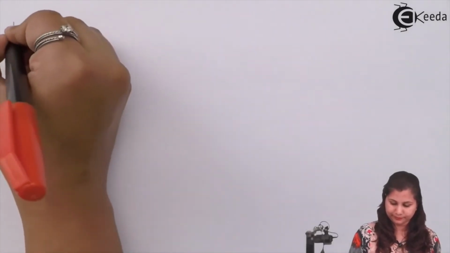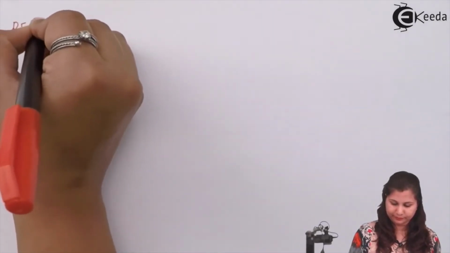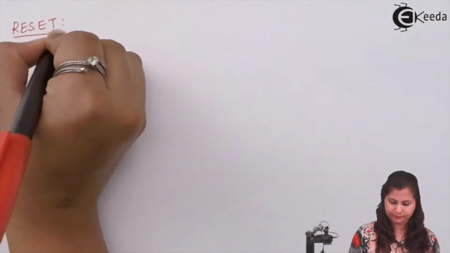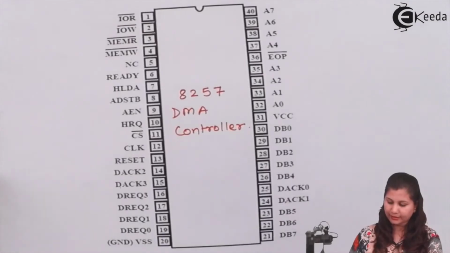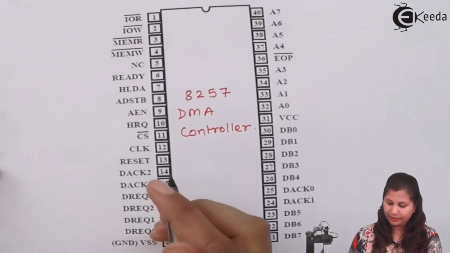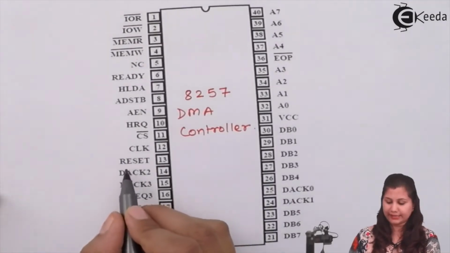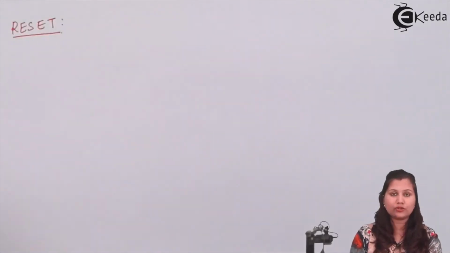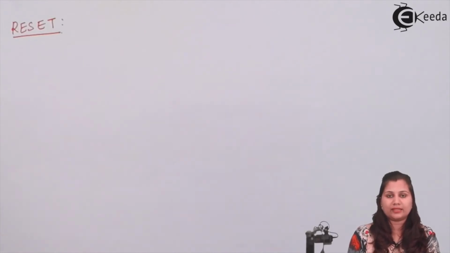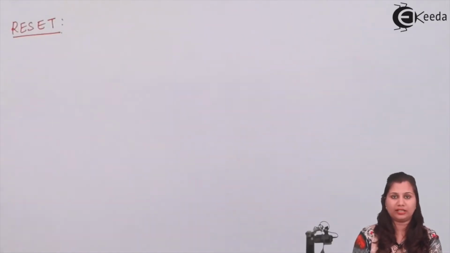Next signal we have is the reset signal. Here we have pin number 13 as the reset signal. This reset signal is used to reset, which means that we are initializing or bringing the system to its initial condition.